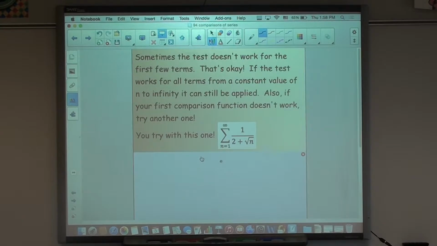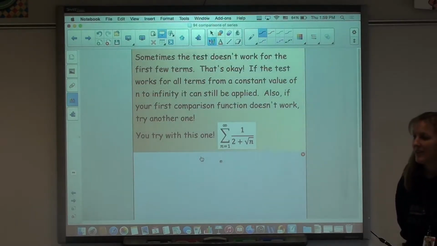What is 1 over... I have no idea. 3 plus this. 1 over n is smaller. 1 over root n is bigger.